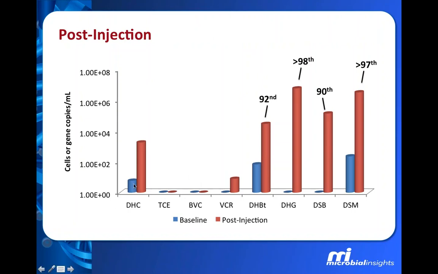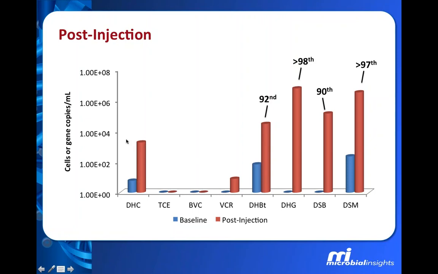So here I'm showing in blue our pre-injection and red our post-injection to compare, and I'm just focusing on reductive dechlorination for this moment. There are no established thresholds for concentrations of Dehalobacter and Dehalogenimonas that are needed for effective biodegradation of chlorinated ethanes and propanes, like there is for Dehalococcoides and our chlorinated ethenes.